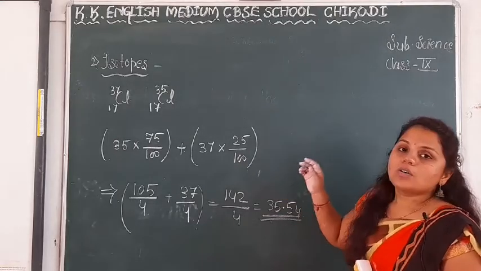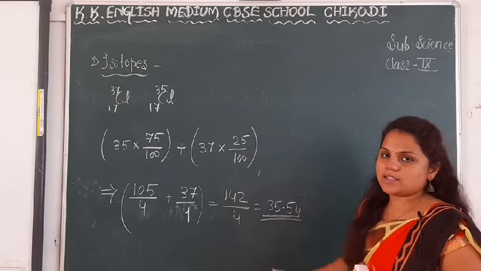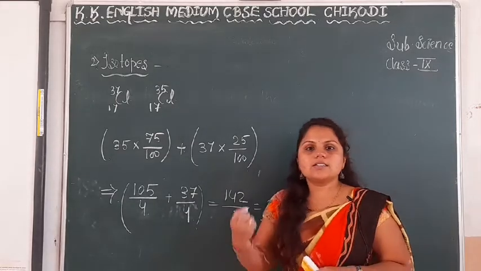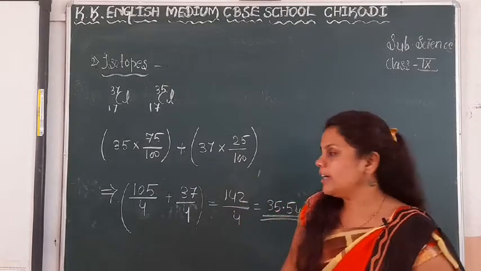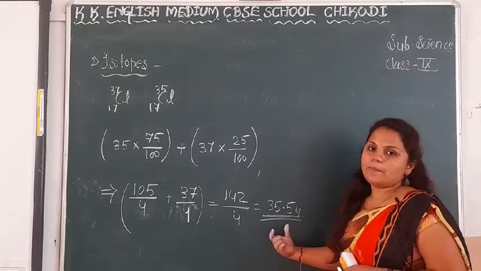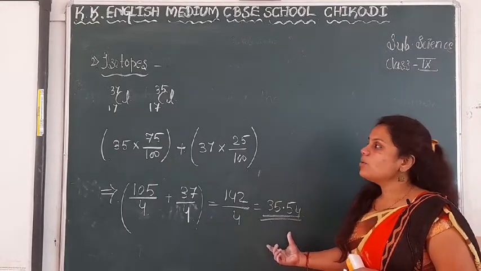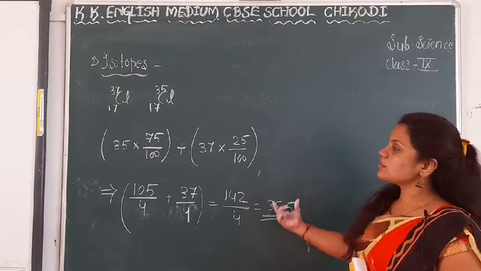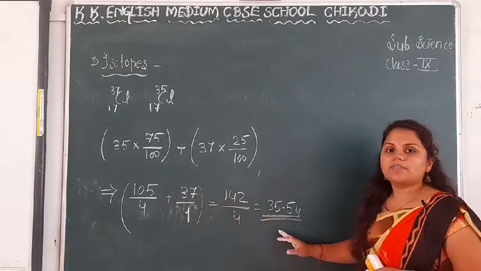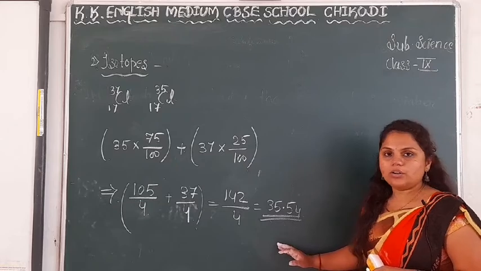So it means that if you take a certain amount of the chlorine, it contains 35.5 unit mass. So I hope you got the clear idea about how we did this equation. Just solve this, you will get the answer as 35.5 unit. It is the atomic mass of the chlorine.